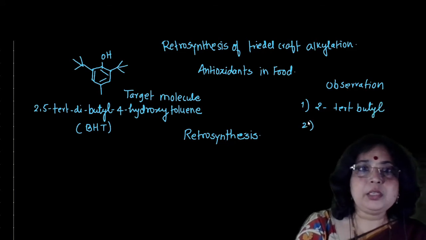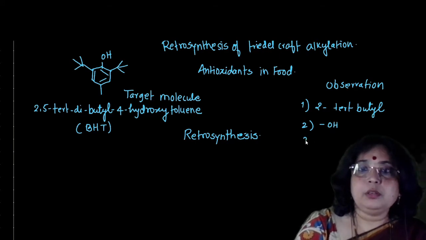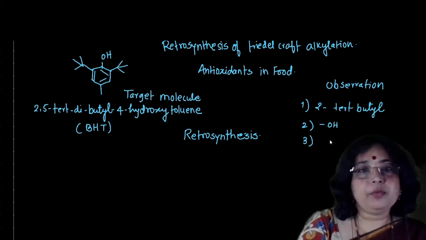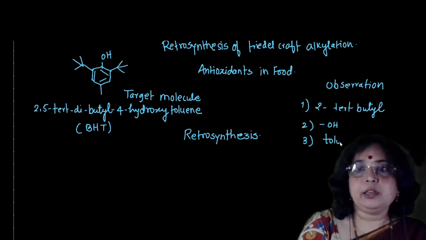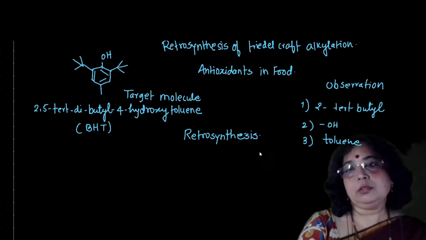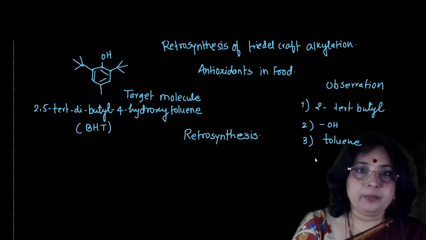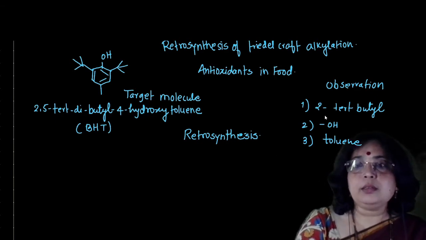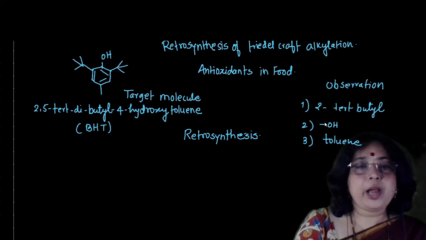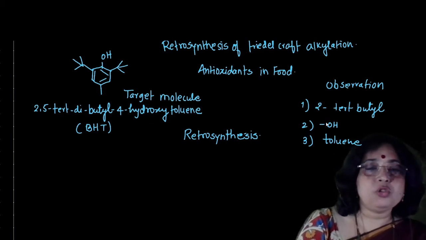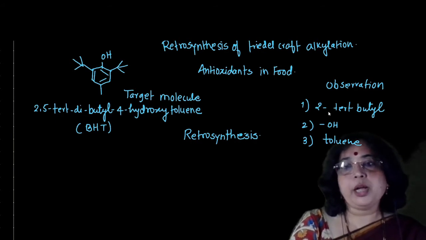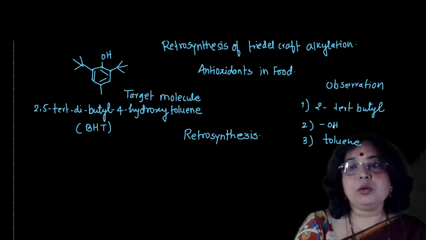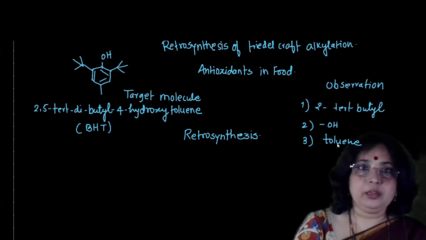Another observation is you have an OH group. The third observation is that toluene is easily available, so the third moiety is toluene. So these three fragments constitute your target molecule: the two tertiary butyl fragments, one OH and the toluene.